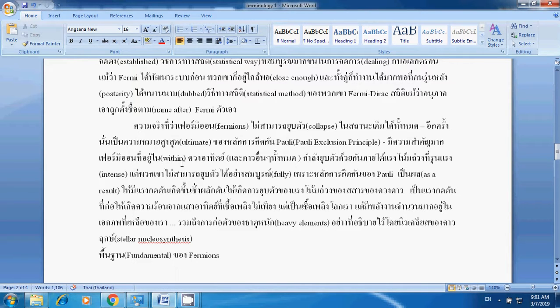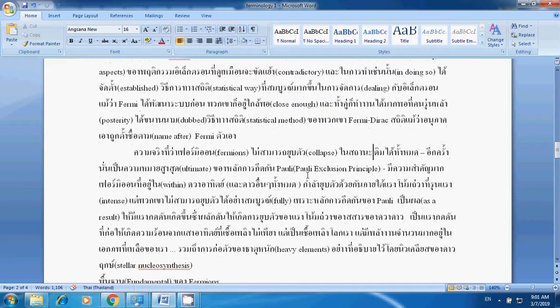Fermions within the Sun and other stars or planets are collapsing under their intense gravity, but they cannot collapse fully or completely because of the Pauli exclusion principle.